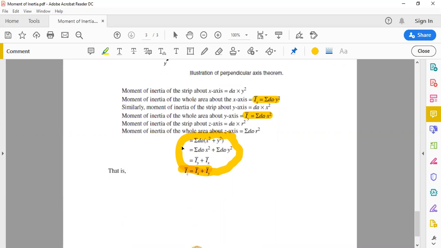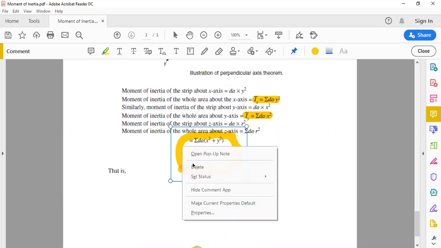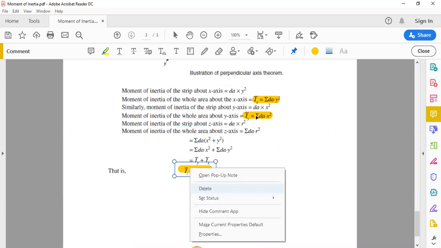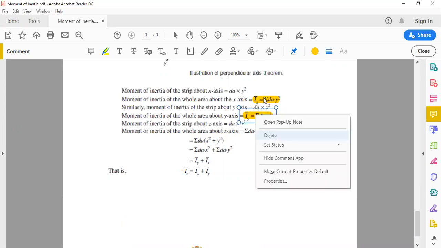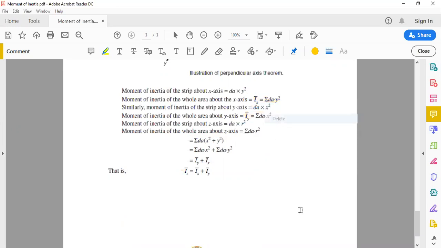By using that concept, you derive the perpendicular axis theorem. So these are some of the important theorems to be kept in mind while solving moment of inertia problems.